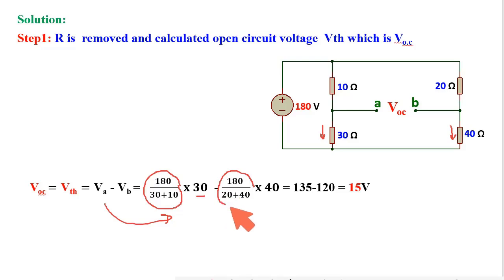That multiplied by 40 is the voltage across the 40 ohm, which is VB. So VA minus VB, ultimately it is 15 volt. So the open circuit voltage, that is VTH, is 15 volt.